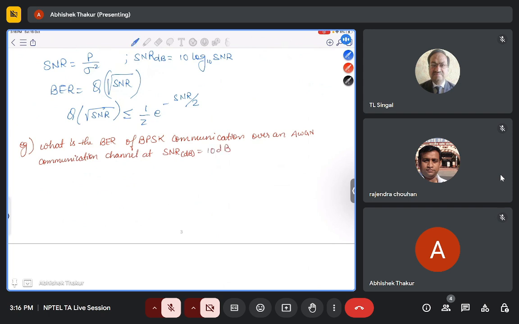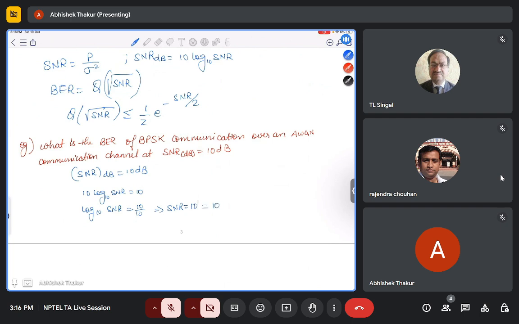So first we have to find the normal value of SNR when it is given as 10 dB. So 10 log base 10 of SNR is equal to 10. So SNR is equal to 10 to the power of 10 by 10, 10 to the power of 1.